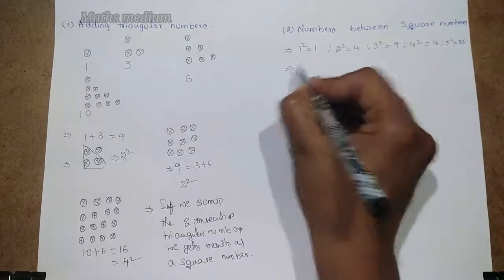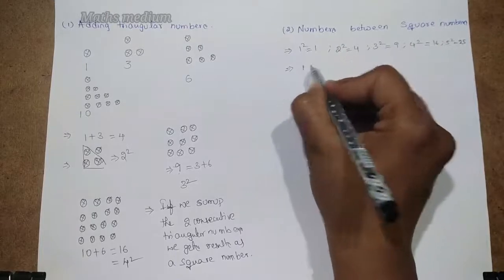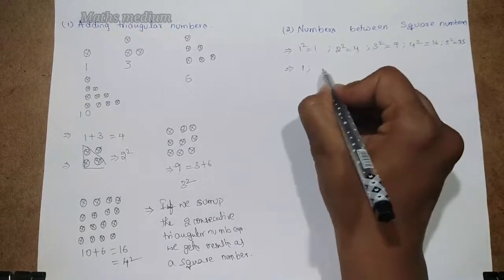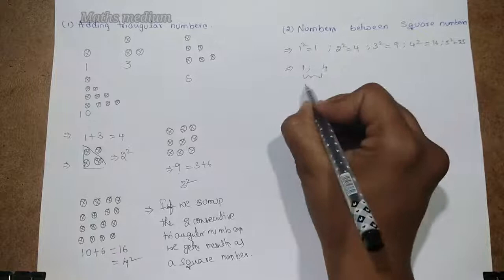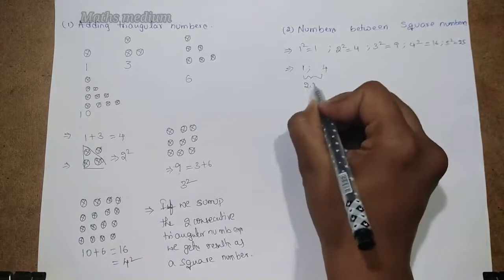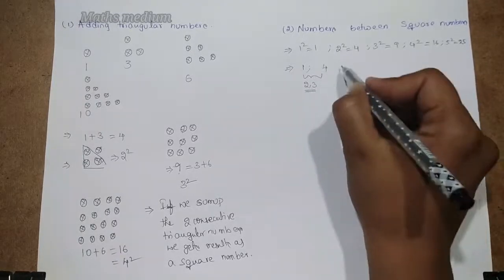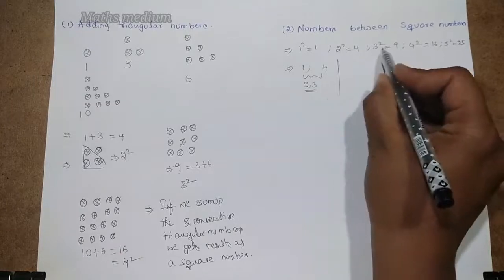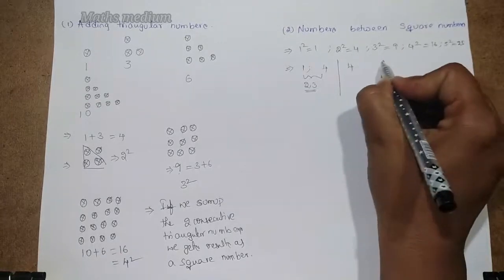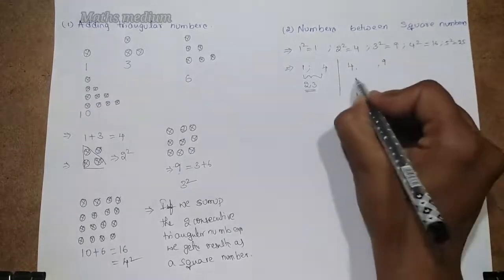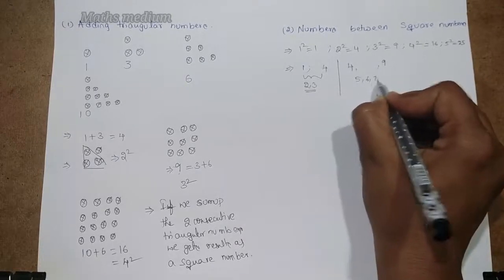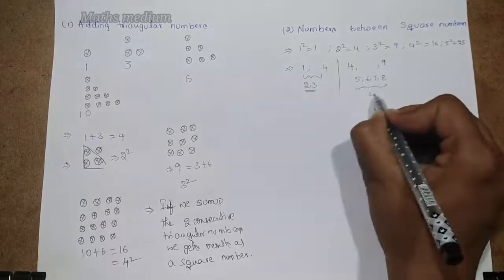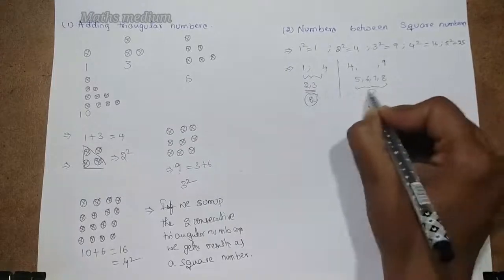So, if you compare 1 square, which is 1, and 2 square, which is 4, between these two we get 2 and 3. Two numbers are there. Next, 2 square and 3 square, 4 and 9: here we get 5, 6, 7, 8. We get 4 numbers.